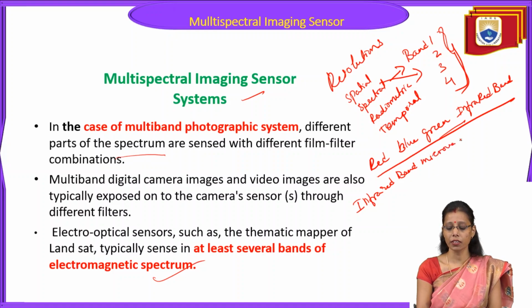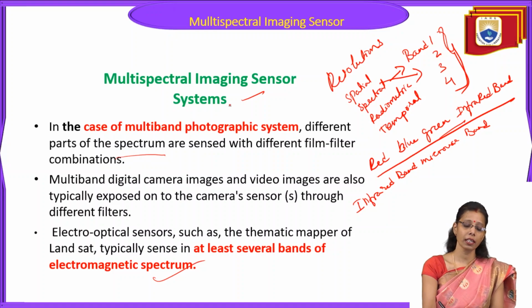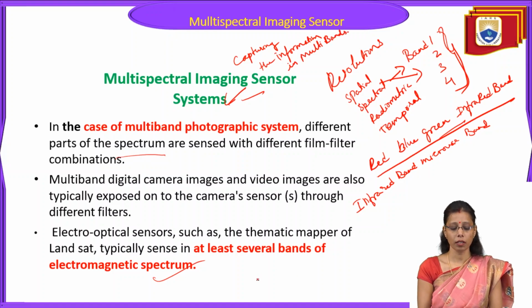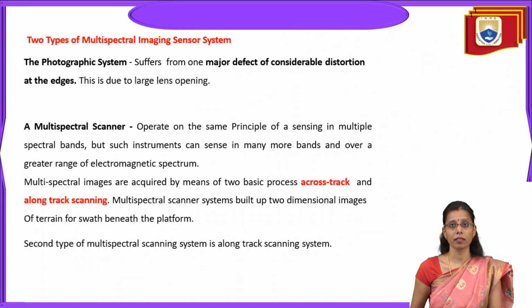So it takes the information from different regions. That's why it is called a multispectral imaging sensor system. It has the capability of capturing information in multiple bands. Okay, so this is how it works. So it has information of different types of bands.